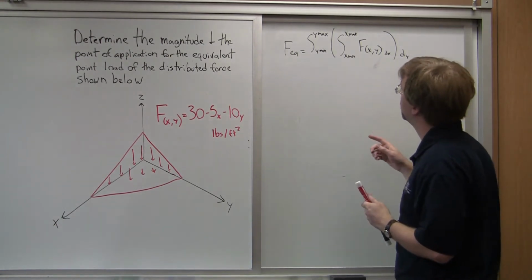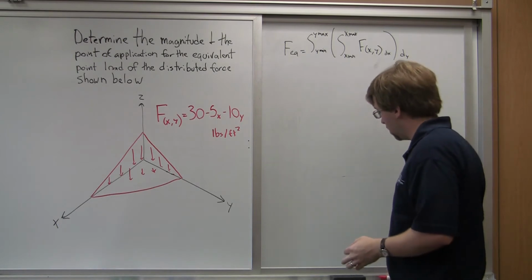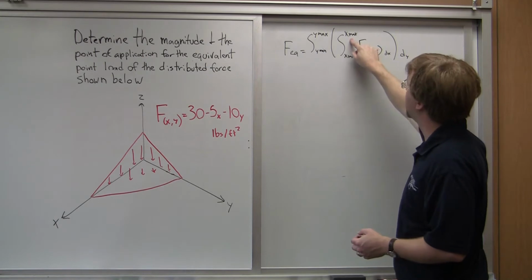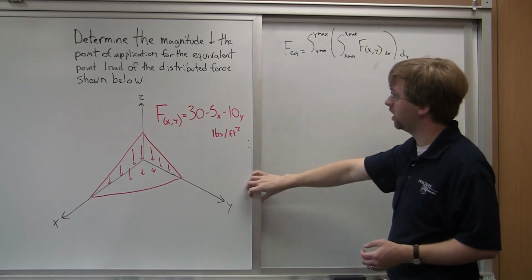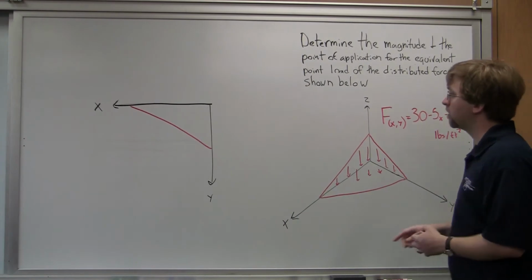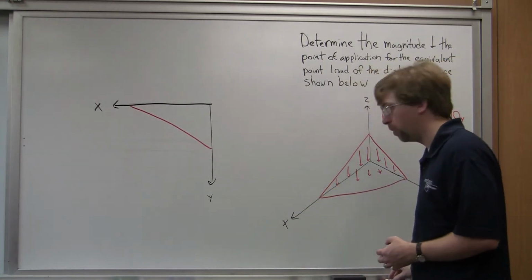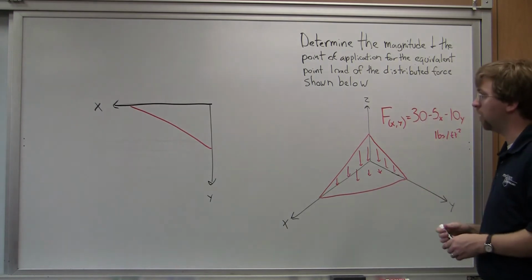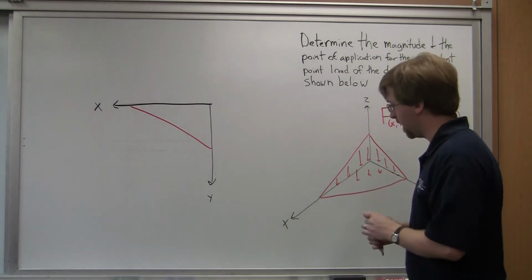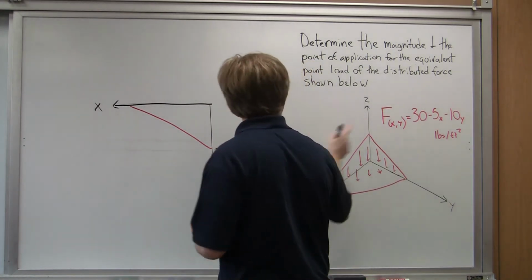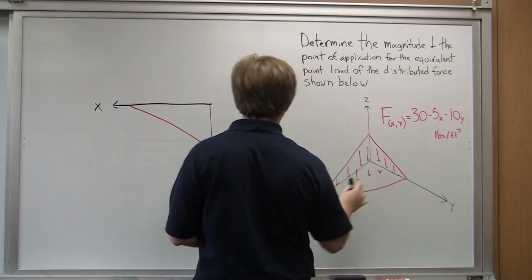Alright, so we also need to find these bounds, so y min, y max, x min, and x max. We've already got the force function taken care of. So let's look at this over here. This right here is a top view of our problem. If I look straight down, I'm going to look at x min and x max, and I can quickly figure out, based on this, where they would intersect 0.